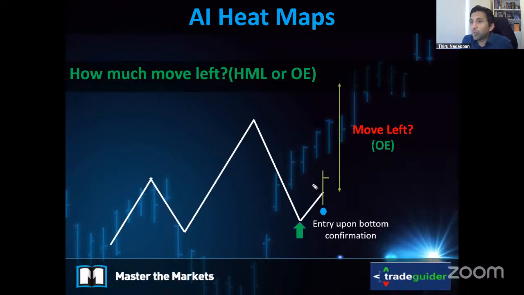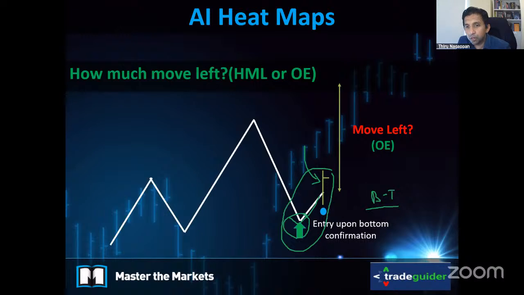In any case, if I take a look at a swing over here, I'm talking about a bottom to top swing, traders, where the bottom gets confirmed. Ideally you want some kind of quantification where you're saying that this bar confirms this bottom. That's when this bottom is confirmed.